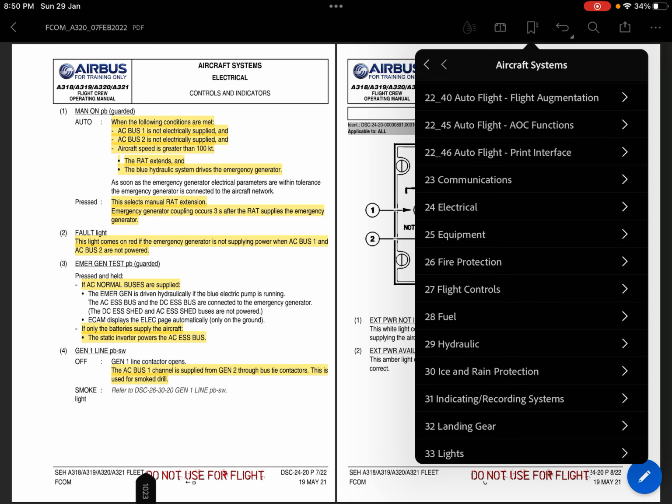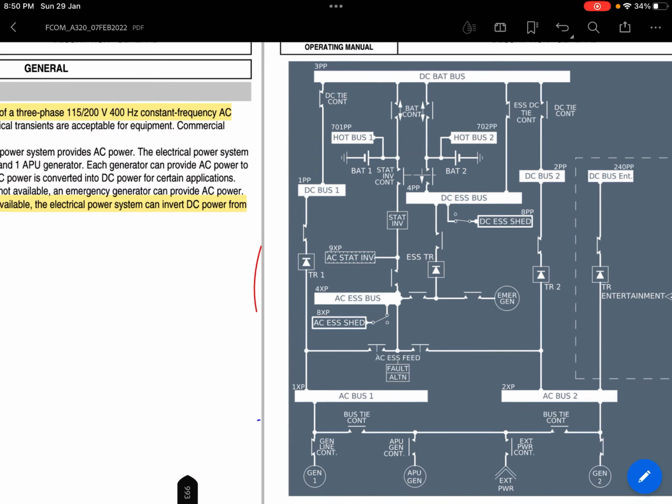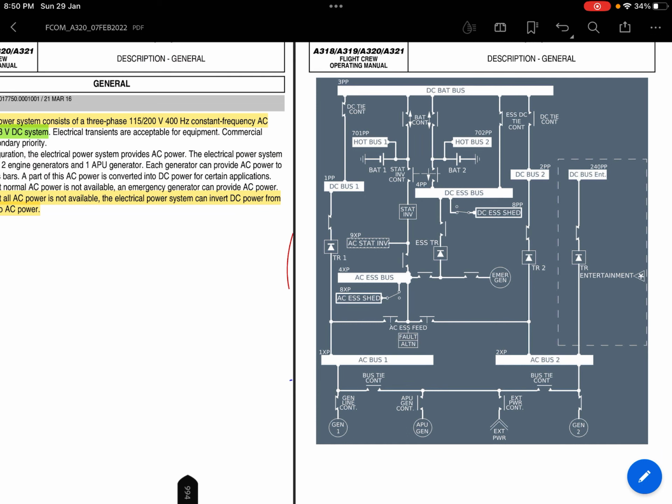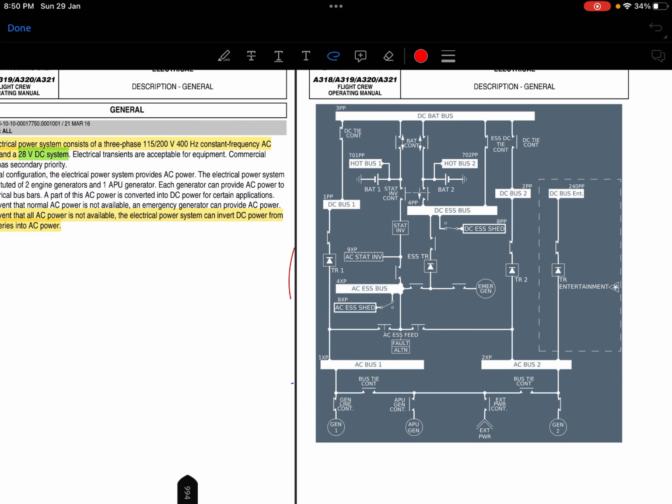To make it easy for you, we'll go to the electrical section and then description, and the very first page. Here it is. The question was, if both engine generators are powering the system and one subsequently fails, let's say this generator fails, and then this AC bus fails, there will be no power further, right?